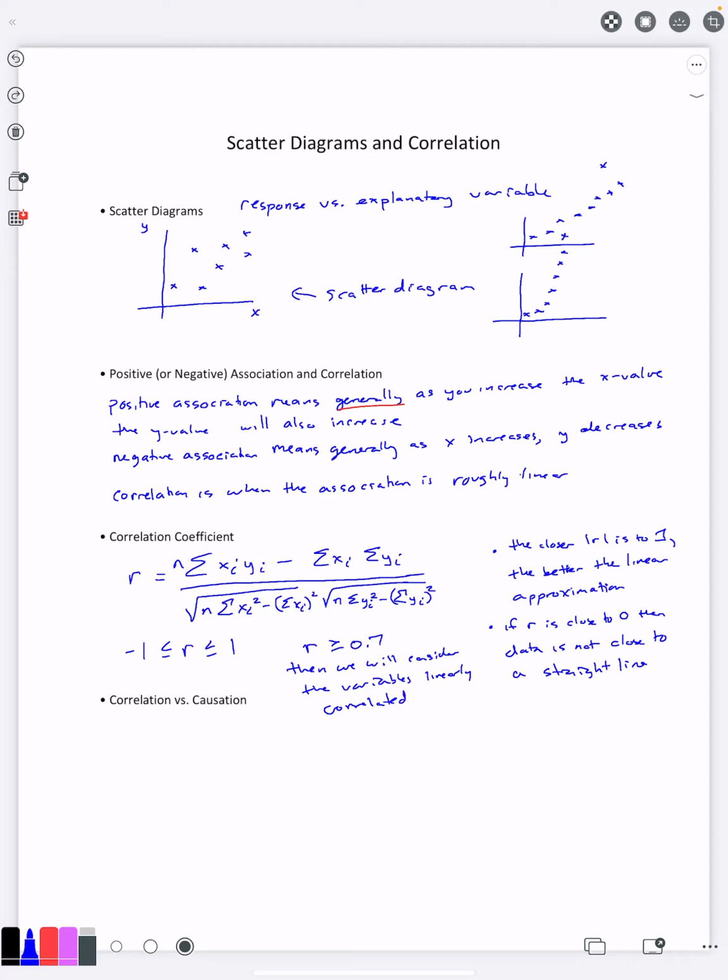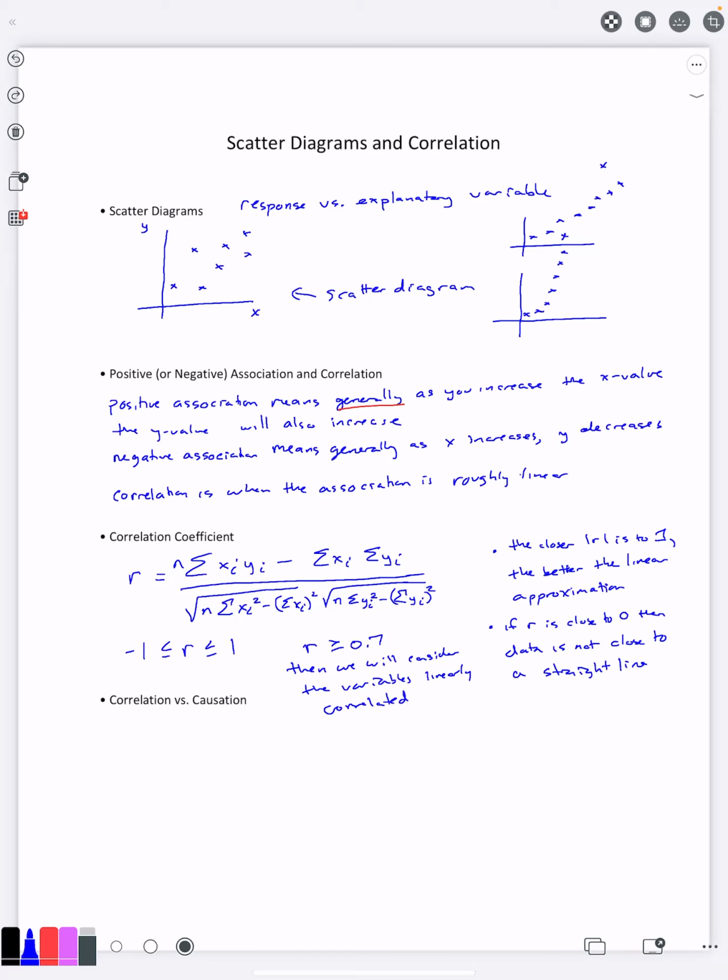Not very strongly, but at least there's some sort of linear relationship there if your r is at least 0.7. And the larger you get, say 0.9, 0.95, that's going to get better and better and better. And you can only get r equals exactly 1 when the data is perfectly on a straight line. So keep that up there.